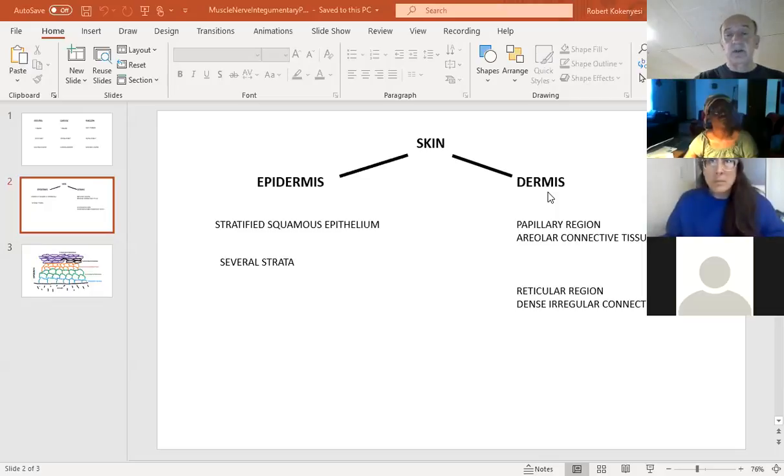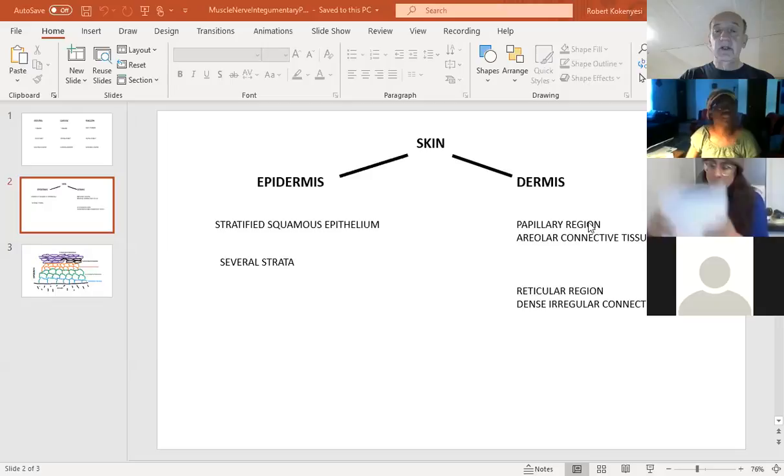It's deeper. We have two regions here. We have a papillary region with areolar connective tissue. And the reticular region, I put the name of this connective tissue here. This will show up in lecture. We didn't see this in lab. Thick collagen fibers provide resistance to force in this tissue.